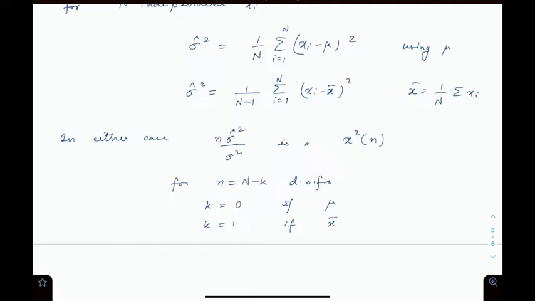So now we want to see what is the probability distribution function for the random variable.